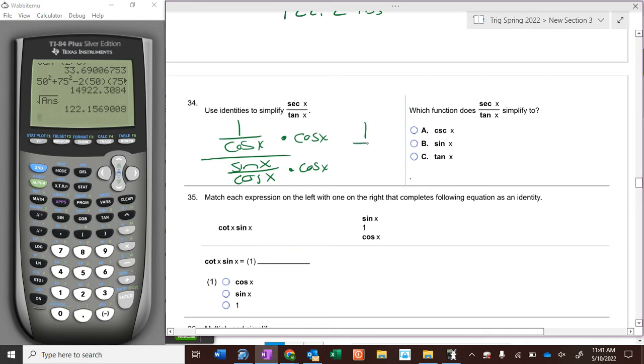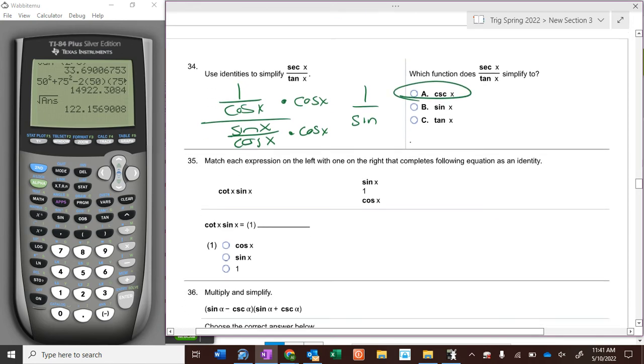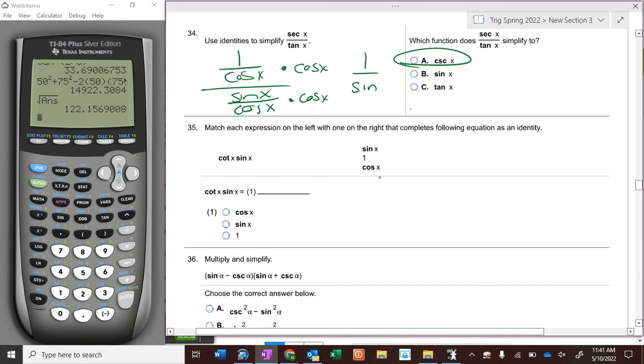So my numerator is 1, my denominator is sine. What's 1 over sine the same as? Cosecant. Cotangent times sine. What's cotangent? Cosine over sine. Sine is sine over 1. The sines cancel, so then I end up with cosine.